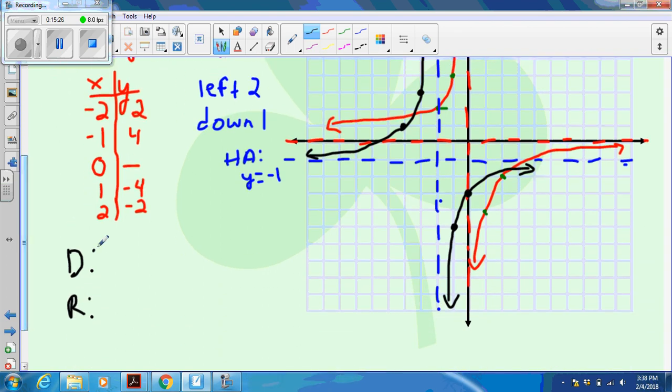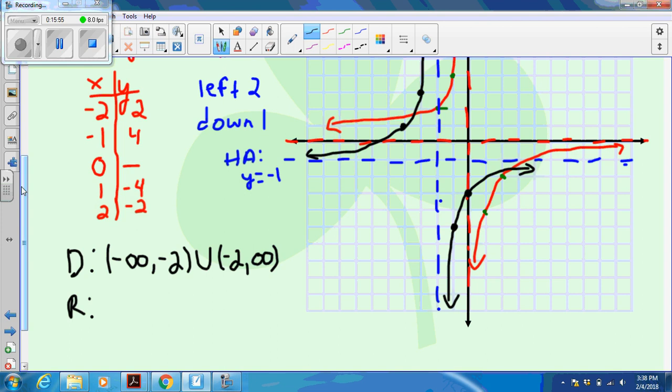So because we have some negative values, we start at negative infinity, and we go to our vertical asymptote, which is at negative 2. And we do a union sign because we're going to go from negative 2. And notice here with our black down here, we also get positive x values. So we go to positive infinity.